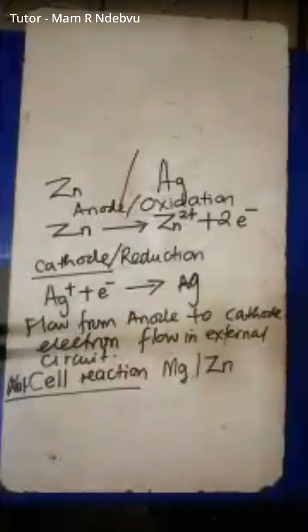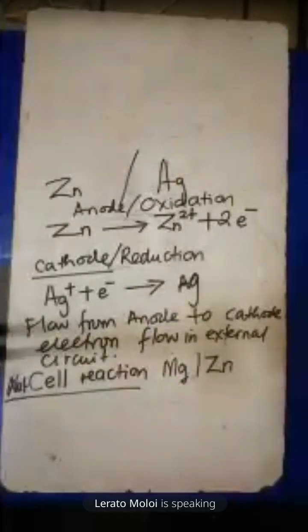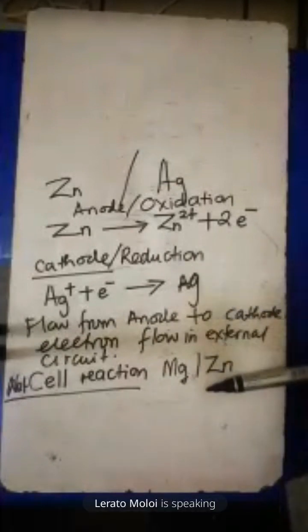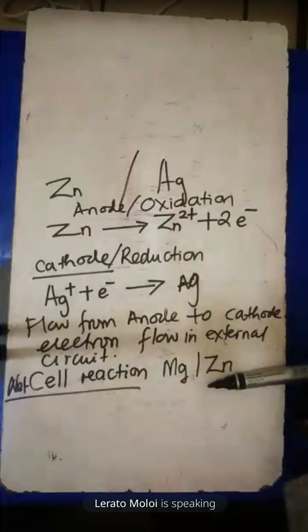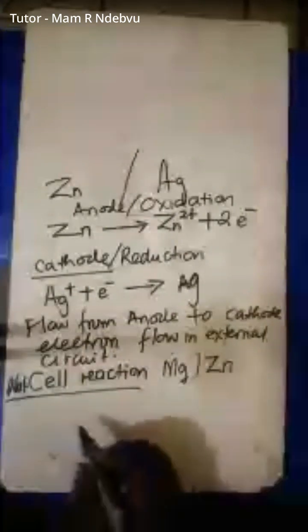Which one are you seeing first between Mg and Zn? Mg is the anode, from the top is Mg. Yes, very good. So Mg is the anode.